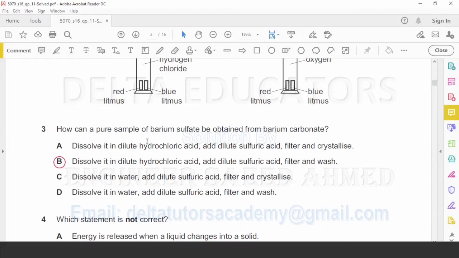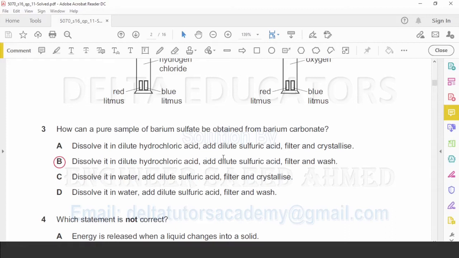When we dissolve barium carbonate in dilute hydrochloric acid, the barium carbonate and hydrochloric acid react together and we get barium chloride, carbon dioxide and water. Now this barium chloride reacts with dilute sulfuric acid and we get barium sulfate and hydrochloric acid.